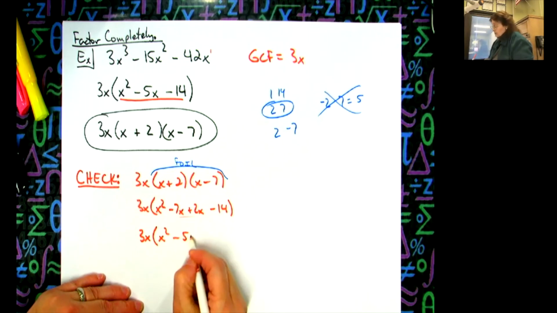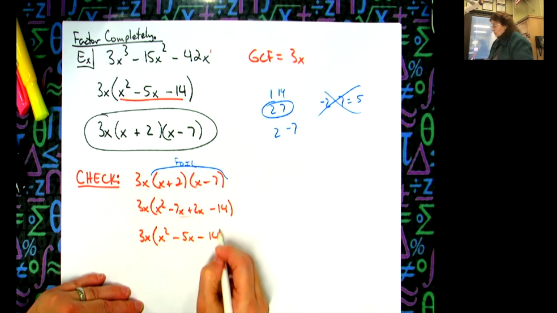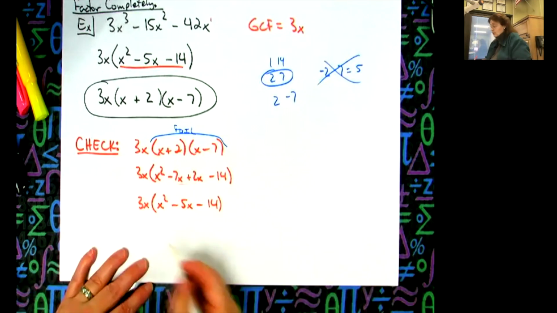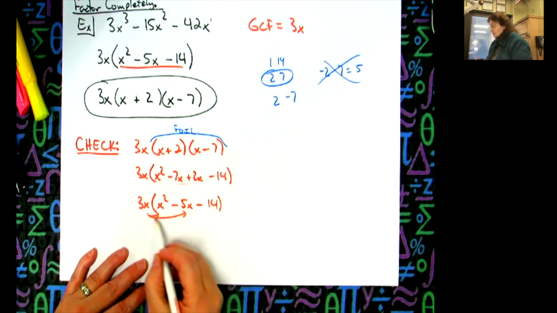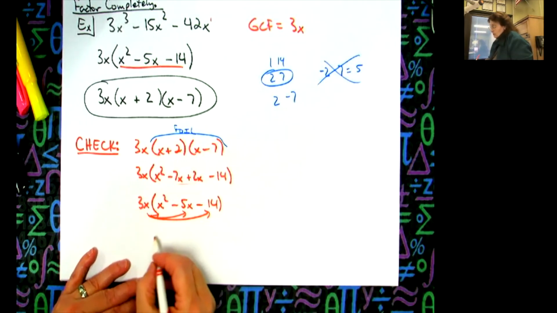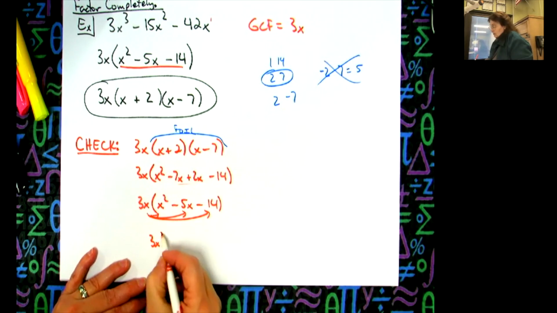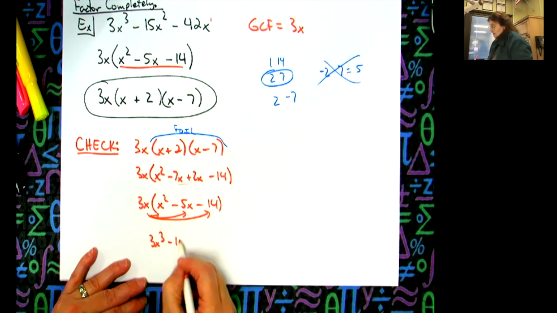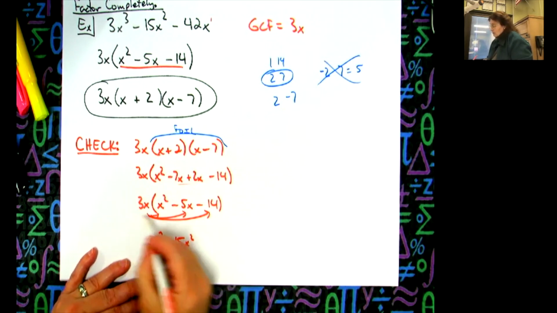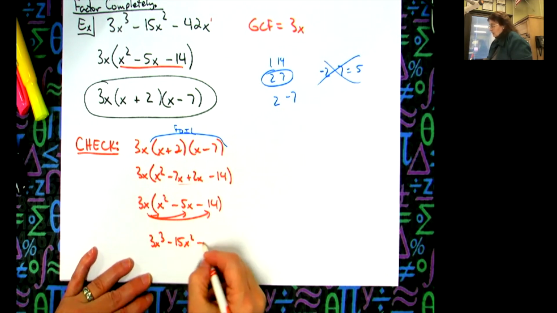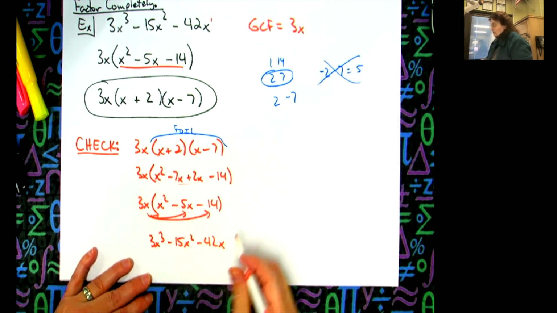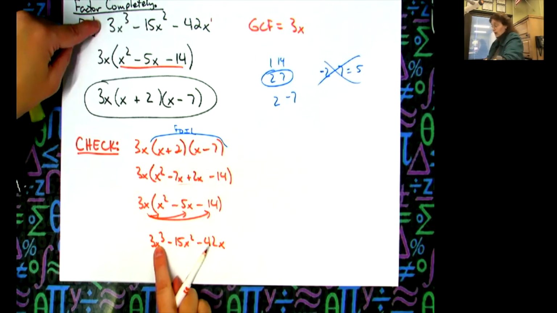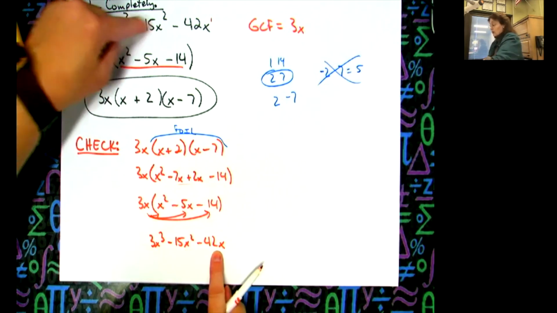I'm going to have that minus 5x, minus 14. The last part of my check would be to distribute that back into the problem. So a 3x to the third. All right, negative 15x squared. 3 times that negative 14 is going to be that negative 42x. Okay, again, check with what you had originally. All right, and it checks.